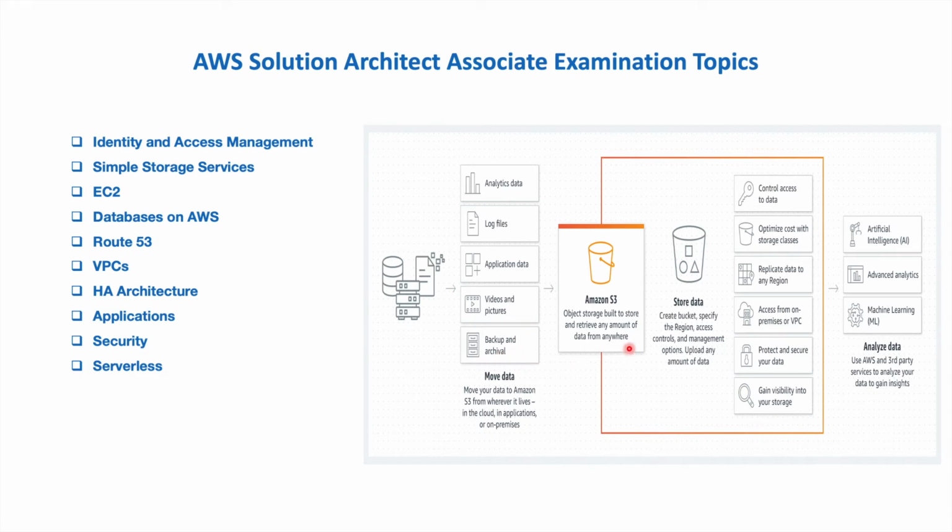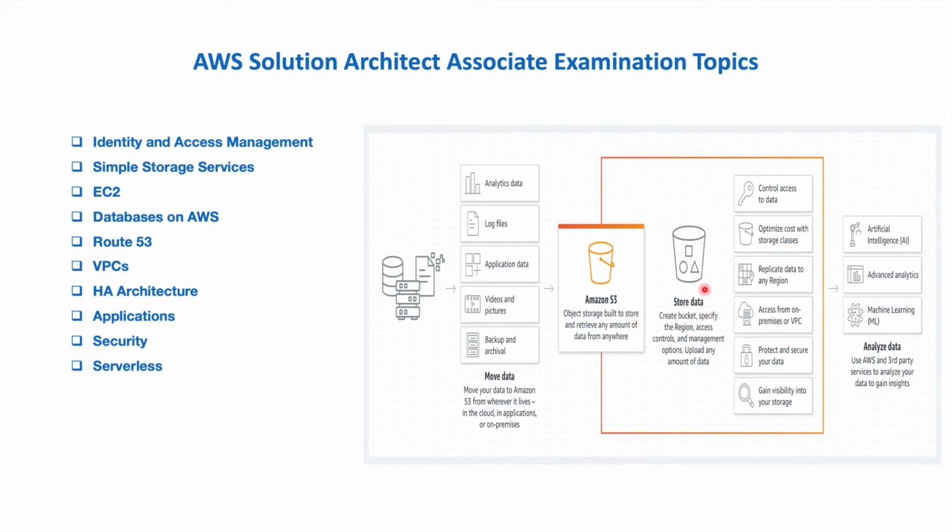All these types of data we can store in the S3 bucket, and for the data present in the S3 bucket we can do some operations, like access the data, optimize storage, and replicate data to any region.